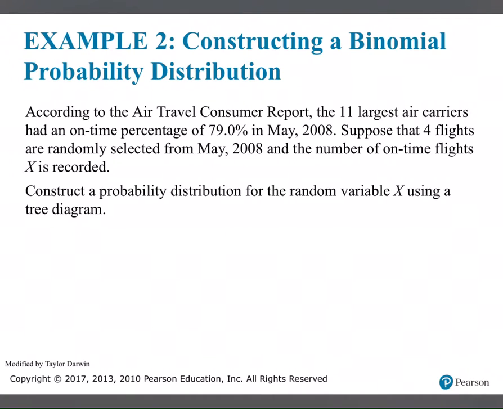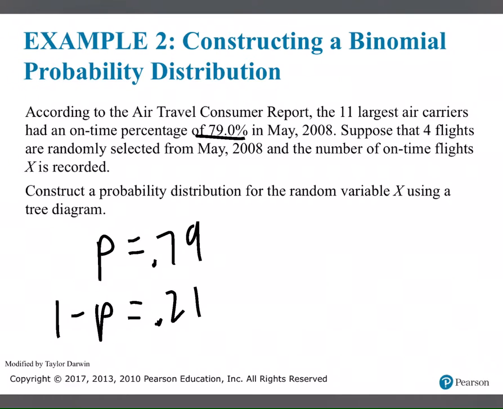I'm not going to do that because I'm going to do it a little later with something else. But what we can do is find P, which is the probability of success. So in this case, the probability of success is the on-time percentage, which means the probability of failure is 1 minus P, that they're not on time, so 0.21.